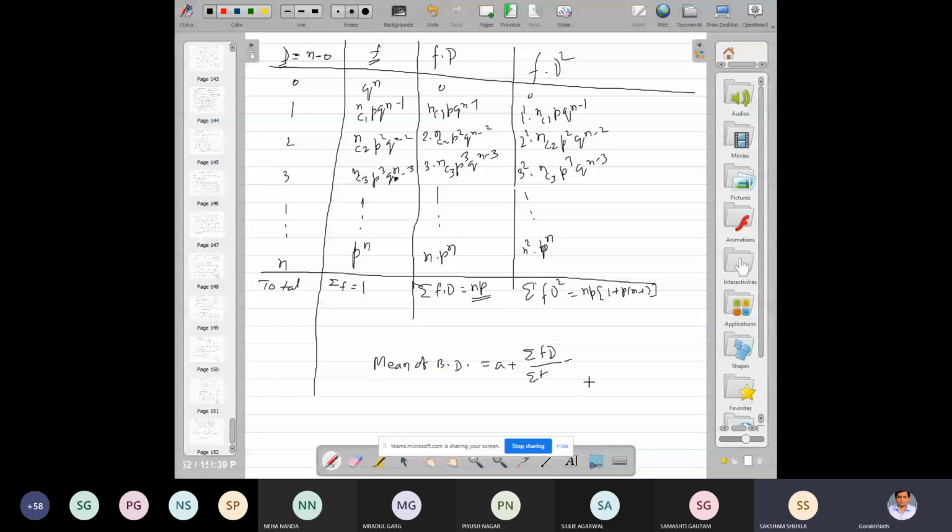So this is equal to, here a is the assumed mean, and in general we consider the assumed mean 0, so 0 plus sigma f d, here np, and upon sigma f which will be 1, that is np. The mean of the binomial distribution is n into p, p the probability of success, and the variance we can calculate by using the formula.